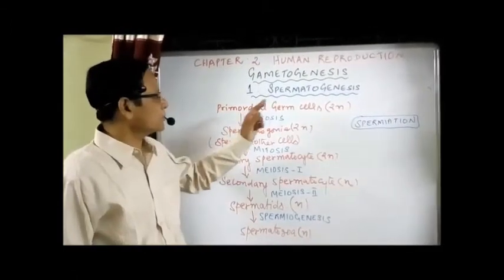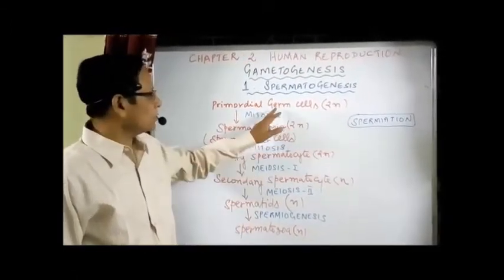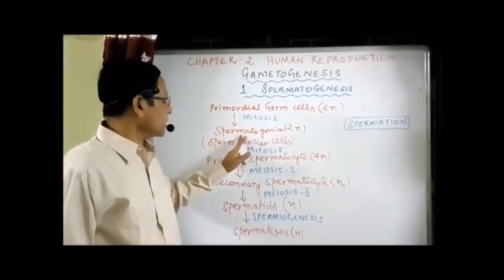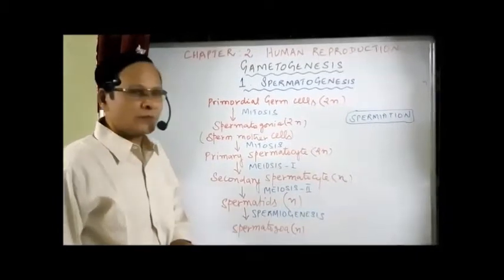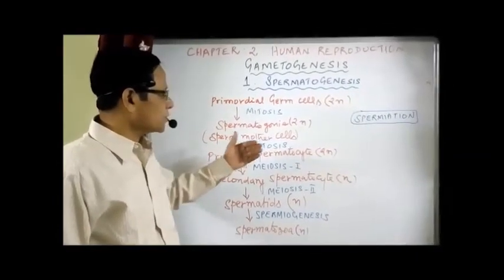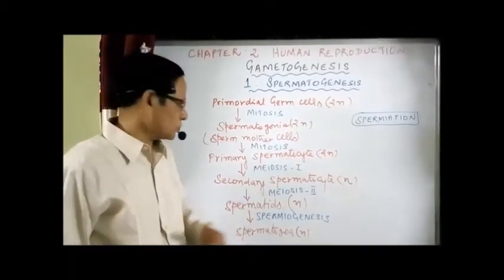Here I represented the sequence of events that happen during spermatogenesis. We have the primordial germ cells, 2n. By mitosis, they give rise to the spermatogonia. By repeated mitotic division, once again we have primary spermatocytes along with their little growth.